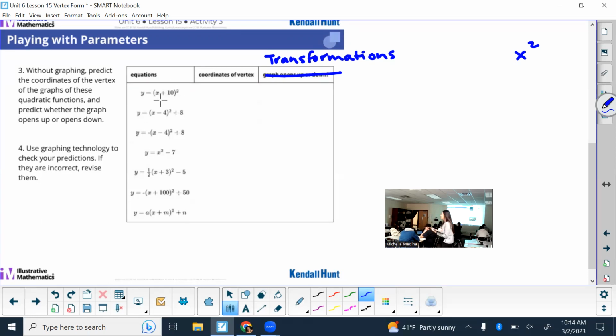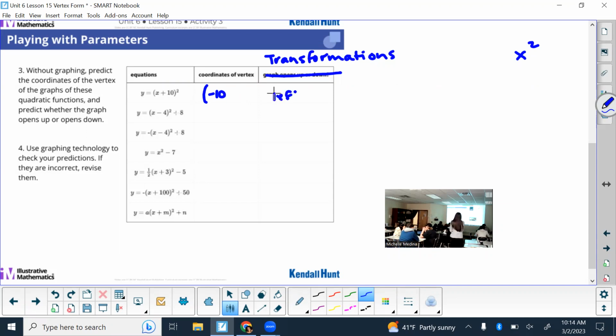The h, there's definitely an h because there's something in parentheses with the x. So if it looks plus in the problem, then what must h be? It must be -10. So then if it's -10, did it move left or right?